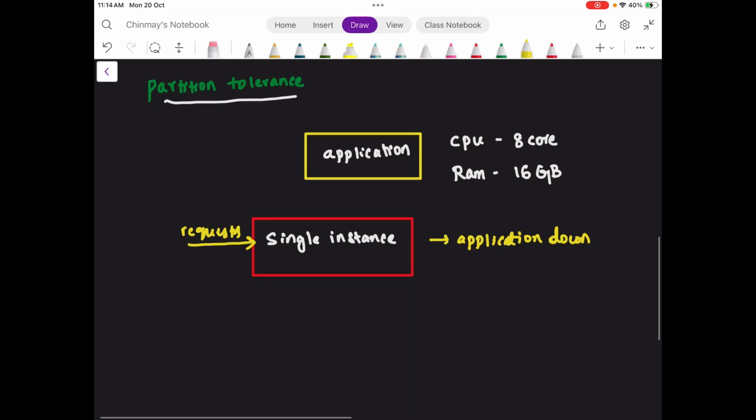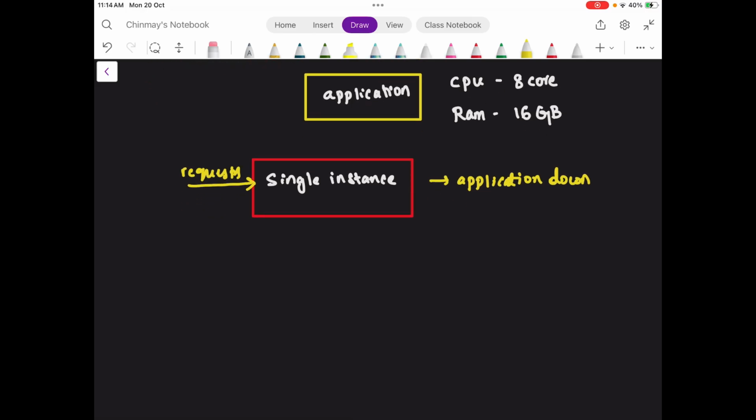Generally we don't prefer vertical scaling, we prefer horizontal scaling. That means in the next step, we increase the application replicas: replica 1, replica 2, replica 3.